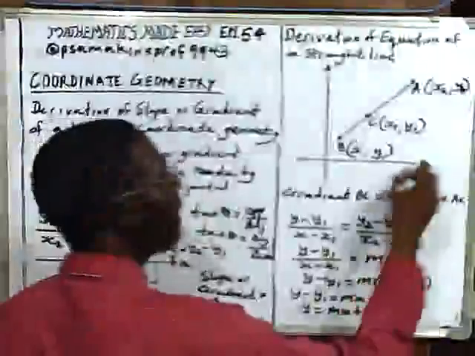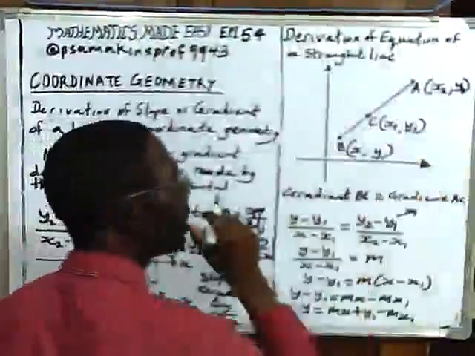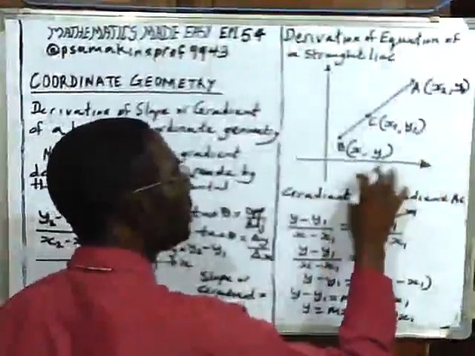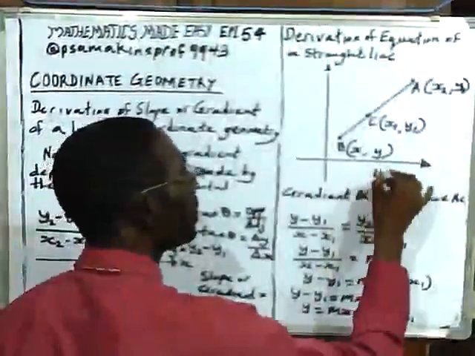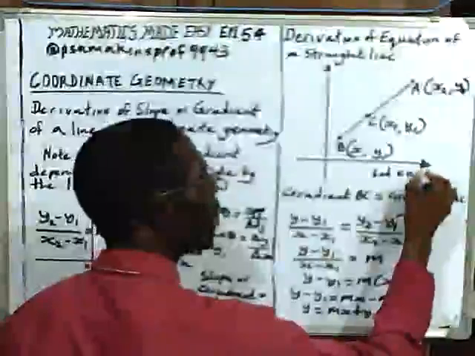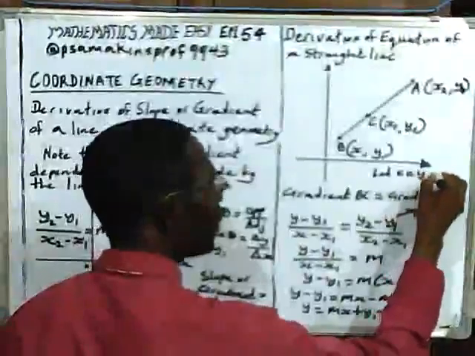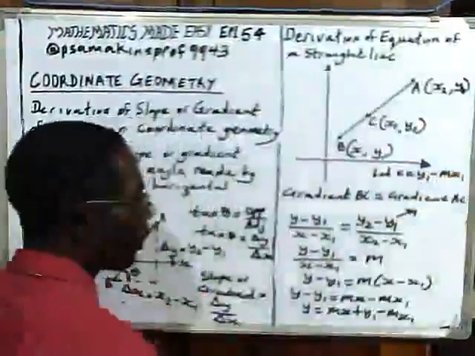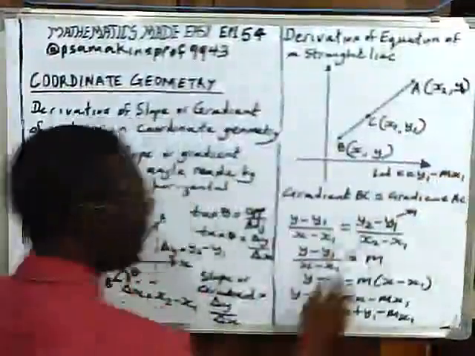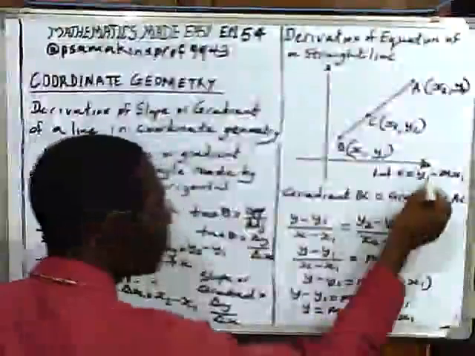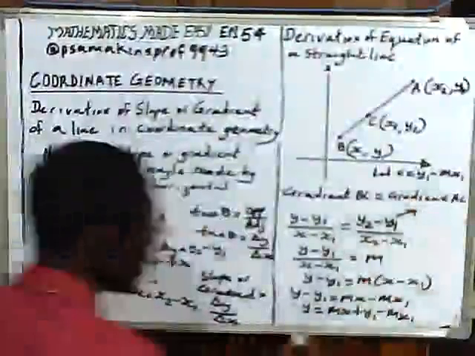Then let me say that at the point of intersection, let c be equal to y1 minus mx1, a constant there, so that it can be the intercept. The intercept will depend on y1 and x1.